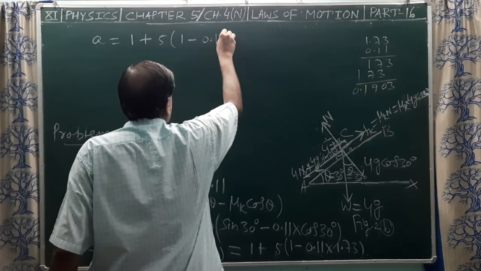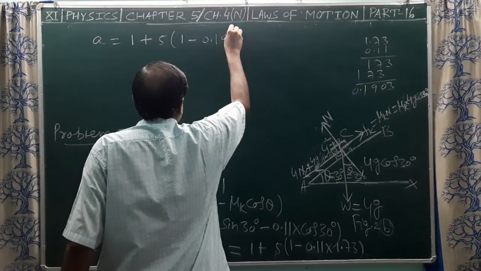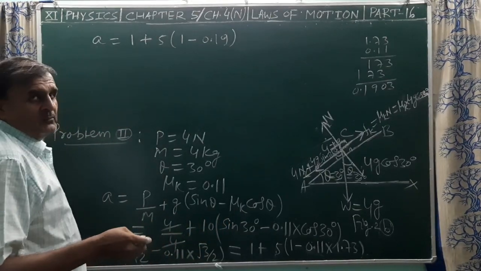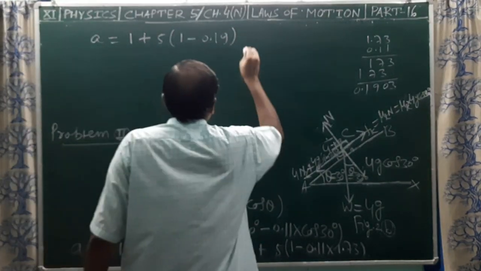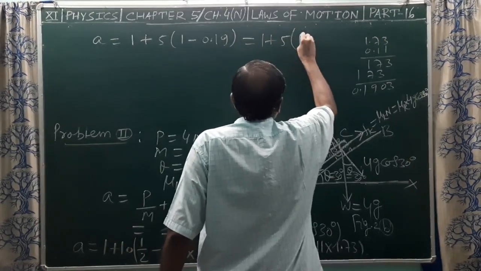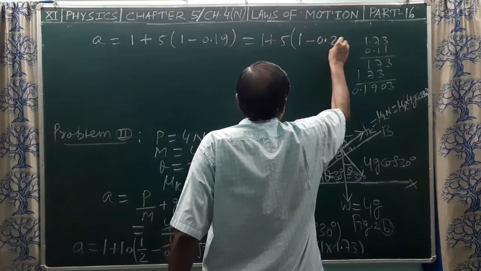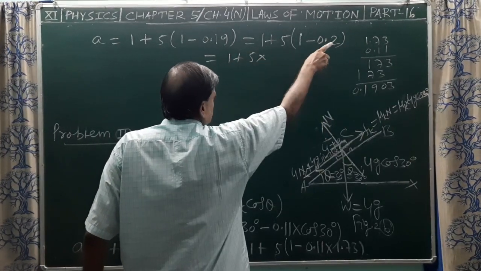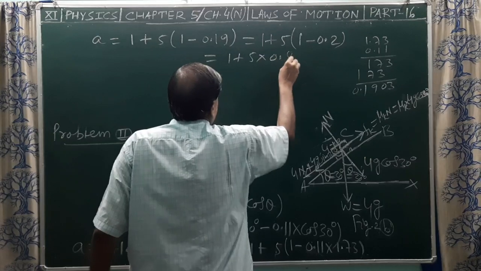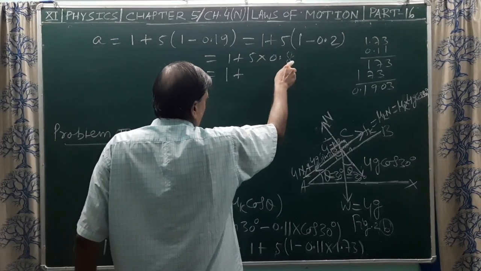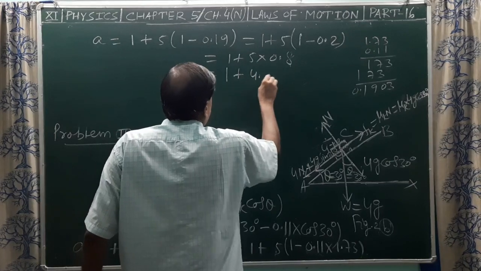We can write only 0.19, or 0.19 is also written as 0.2. So we can write 1 plus 5 under bracket 1 minus 0.2. Therefore we have 1 plus 5 multiplied by 0.8. So downward acceleration in this case is 5 multiplied by 0.8 is 4.0, that is 4.